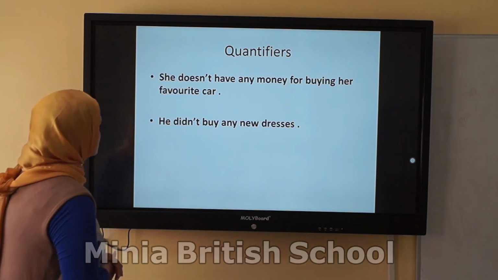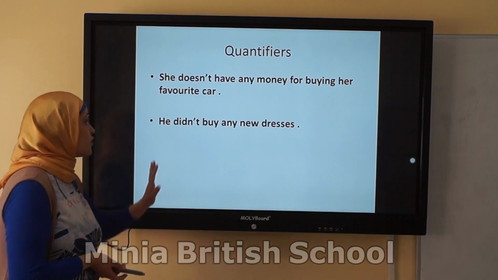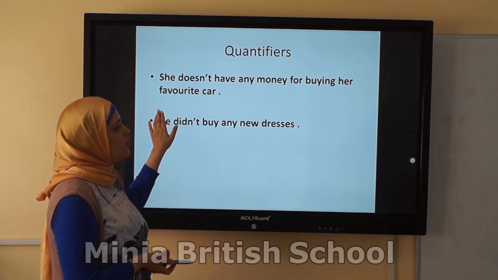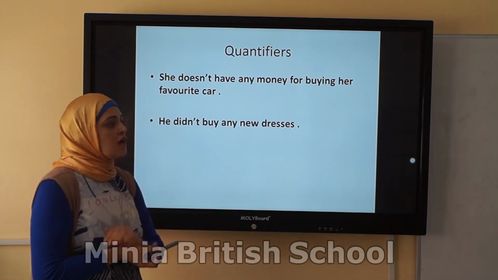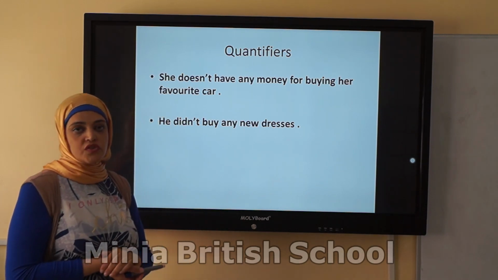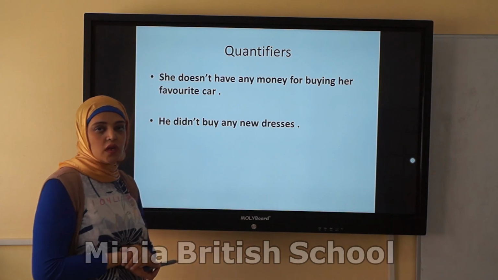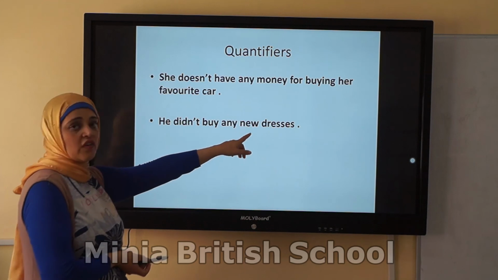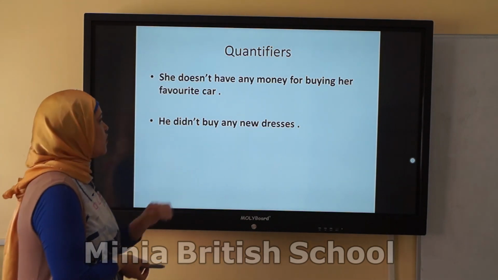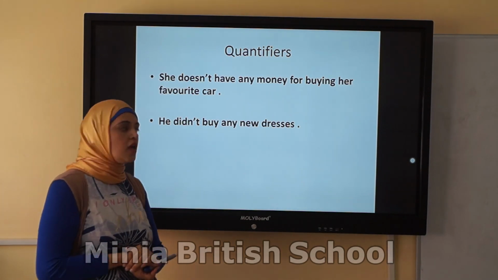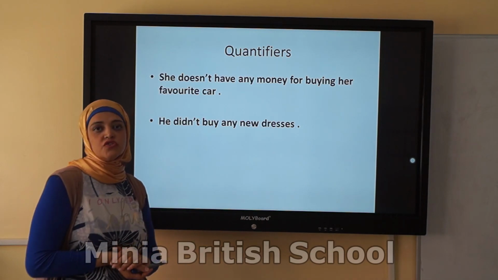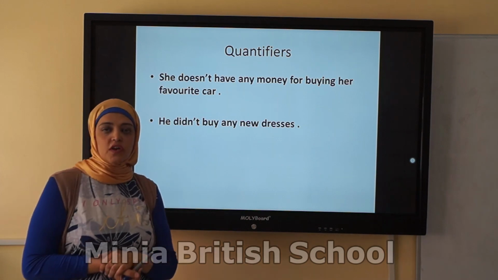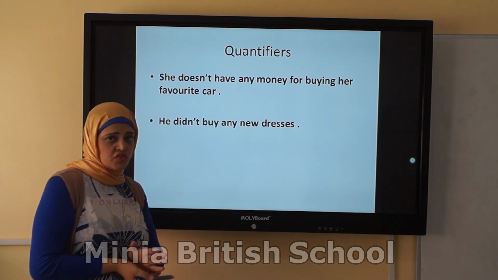And the sentence after: she didn't buy any new dresses. Here I used it with a countable noun, negative again, dresses. Those are all the quantifiers that we explained today.